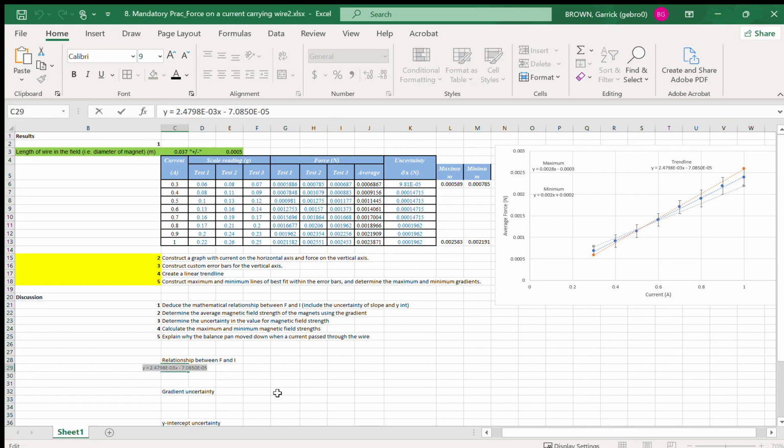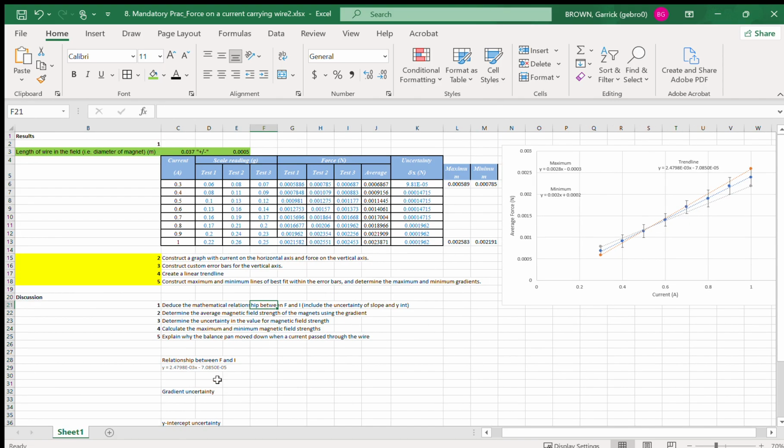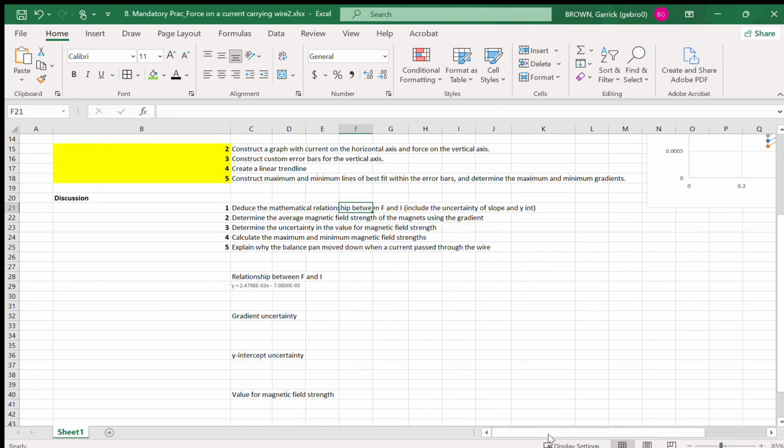mathematical relationship that's given, and okay, we can have a look at this in terms of what it represents. So y is equal to 2.48 times 10 to the negative 3, I'll say 48 just to keep it a bit more simple, x minus 7.09 times 10 to the power of negative 5.